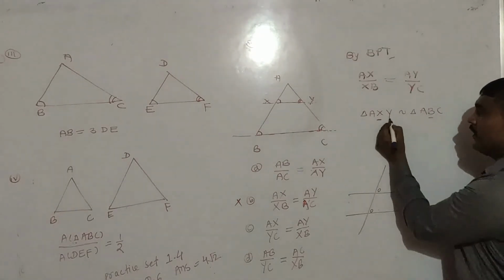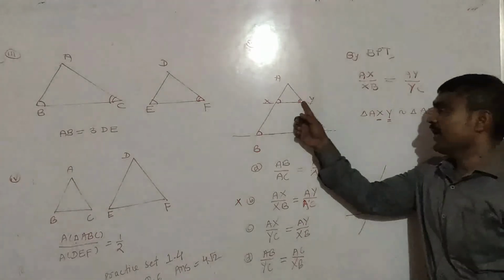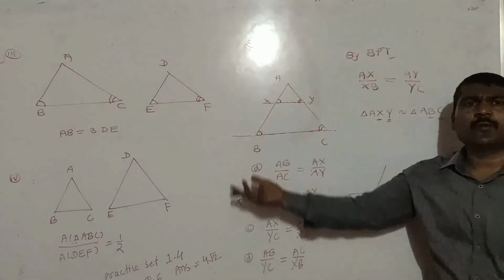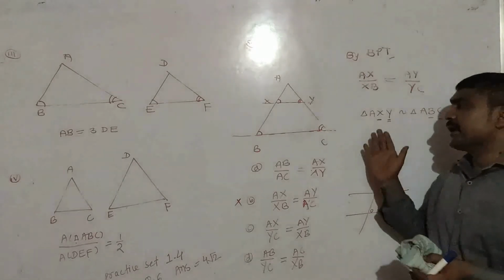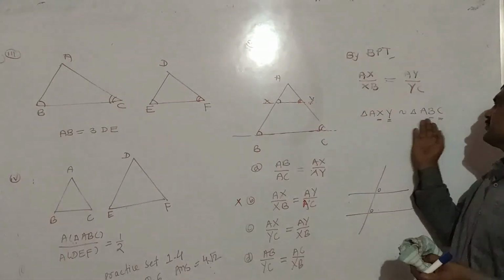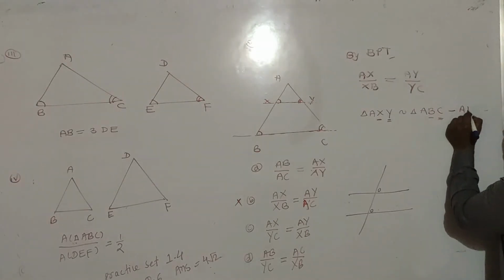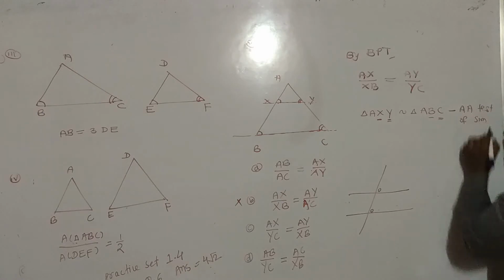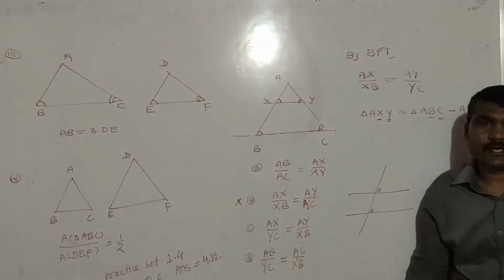Check for Y and C. Yes, Y corresponds with C. So this order is correct, and A is the common angle. So by the AA test of similarity, triangles AXY and ABC are similar. There is no need to write the explanation. You have to just choose the correct option.